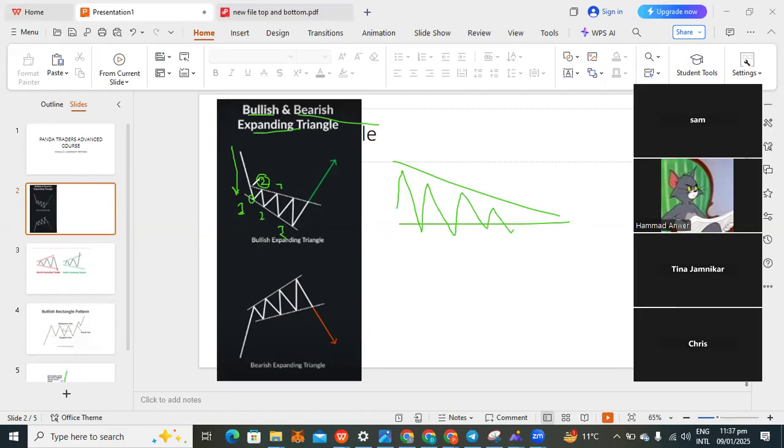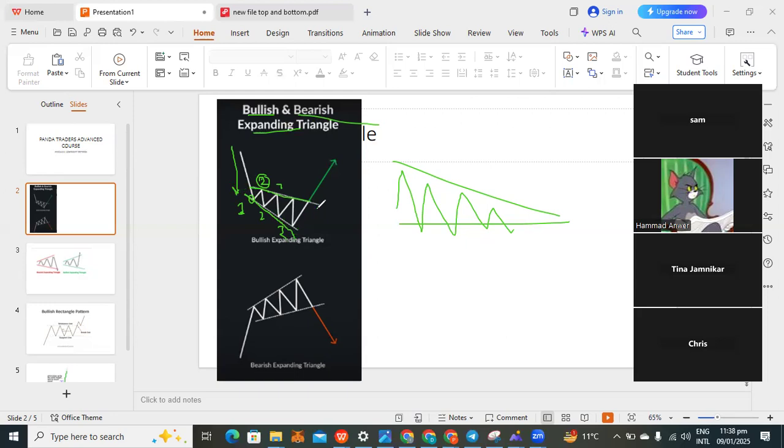So if you just connect the tops of the graph, and if you just connect the bottoms of the graph only, then you will see that it's an expanding triangle, because if I were to extend this, it goes into a triangle. So it's basically an expanding triangle.